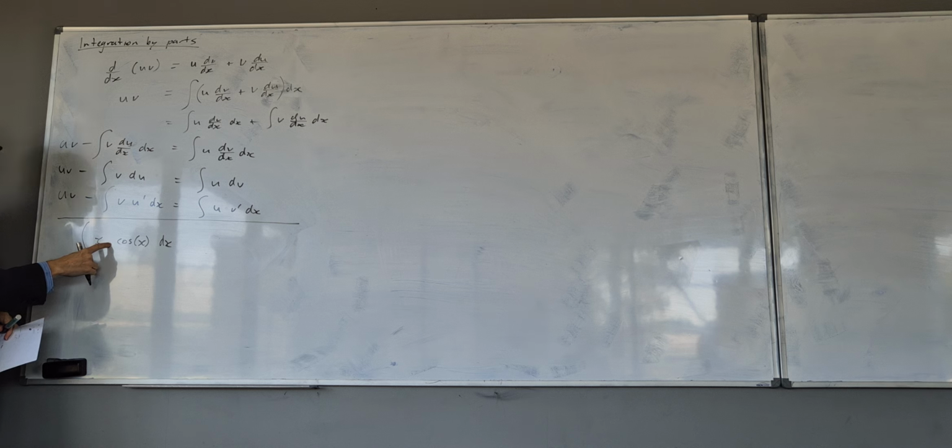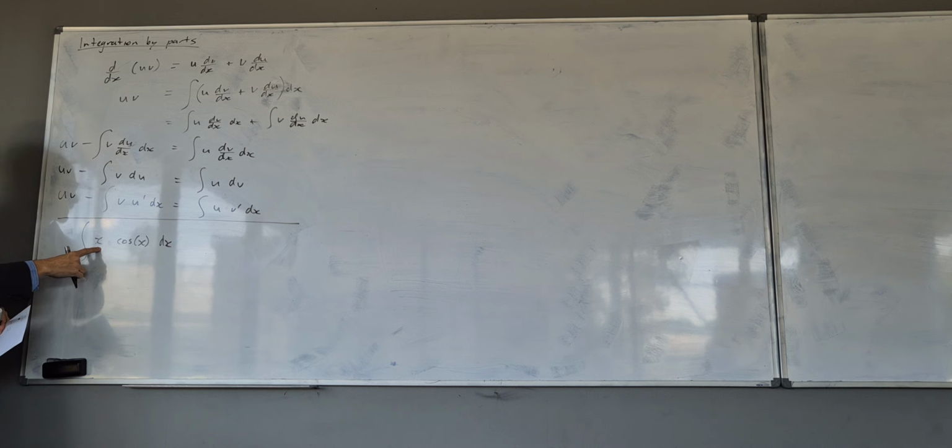I must be starting with a product in here. And neither of these is the derivative of the other. If it was, substitution is going to be much quicker. If this was an x squared and this was an x, use substitution, it's going to be much quicker. It's not. I can't get derivatives out of this.